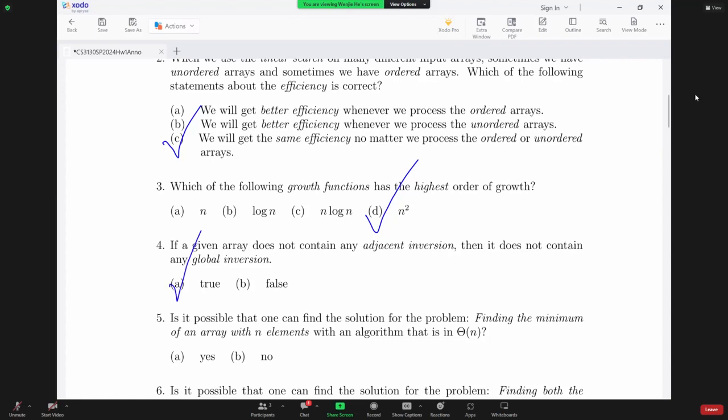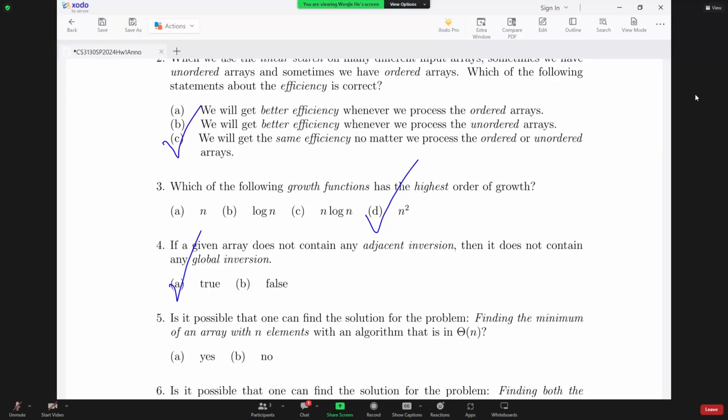Number 4, true. If you are familiar with this property we discussed in class... As I mentioned last time, quite some students, not in this class but in that online class, may not watch all the videos. They may skip some of the videos. If they skip this video, they answer the question by intuition, and it's very likely they choose false, because adjacent inversion and global inversion seem quite different.